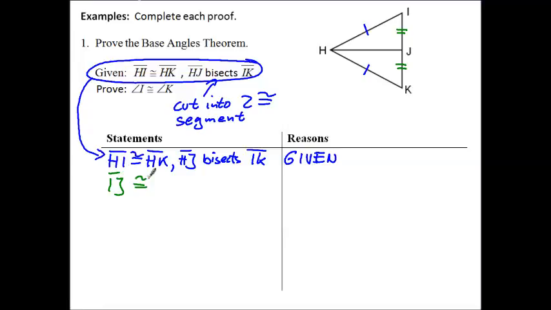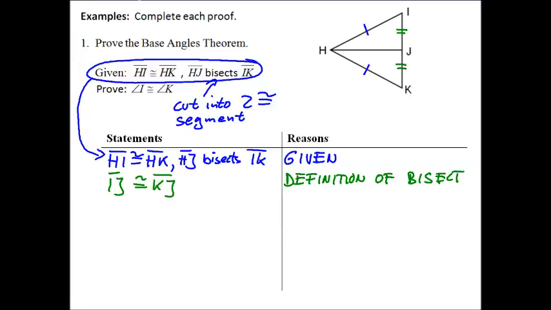IJ is congruent to KJ. And what is the reason for that? The reason is that this is the definition of bisecting. These two segments get created by bisecting IK.